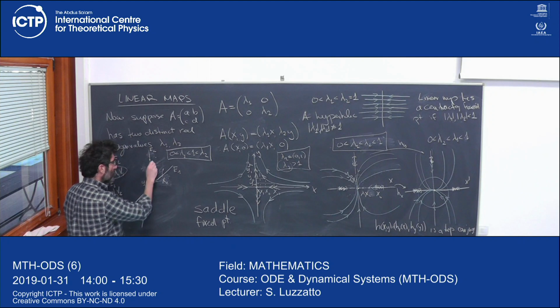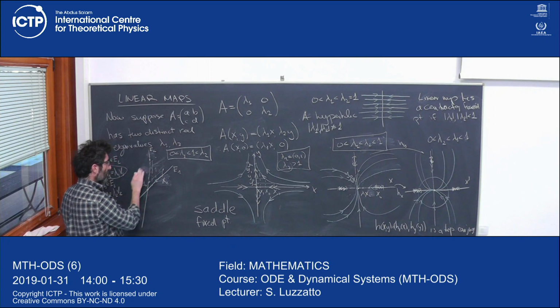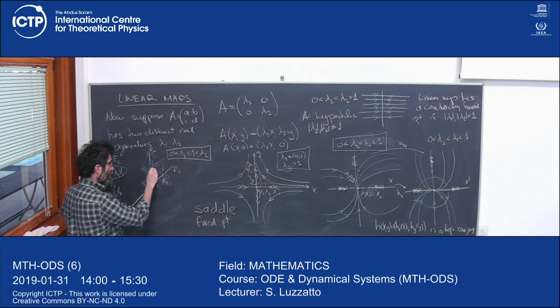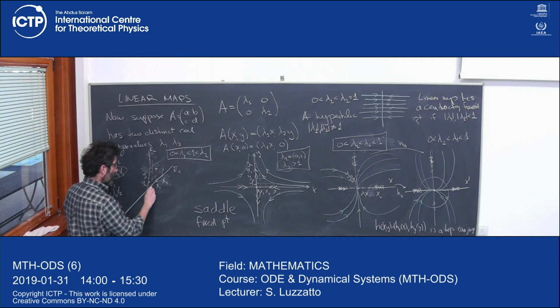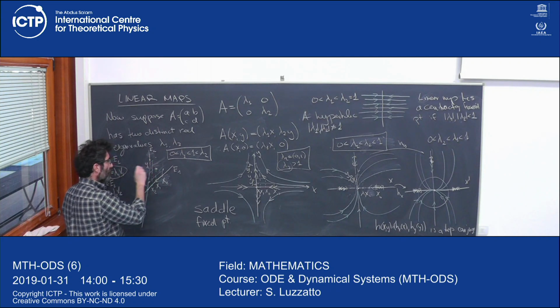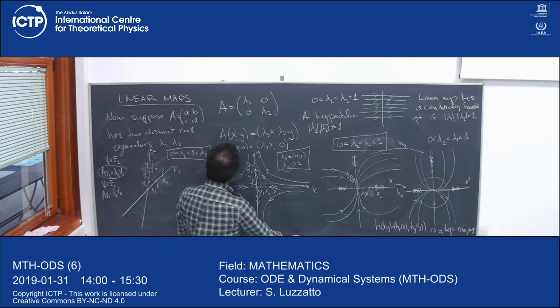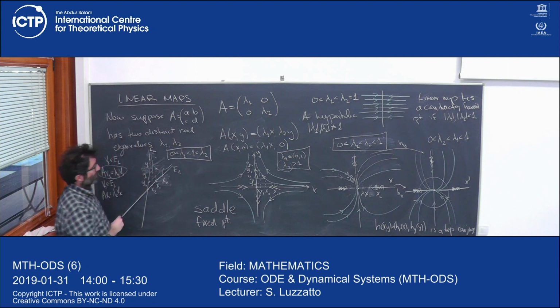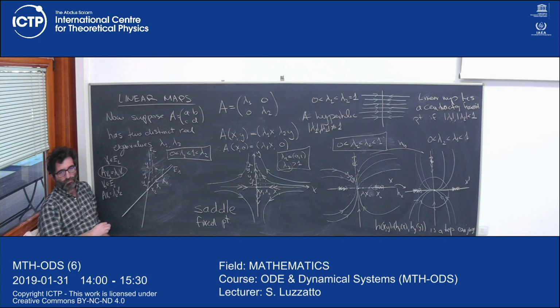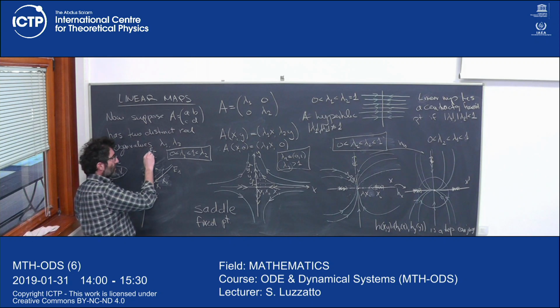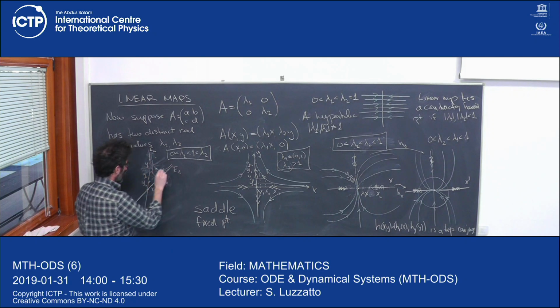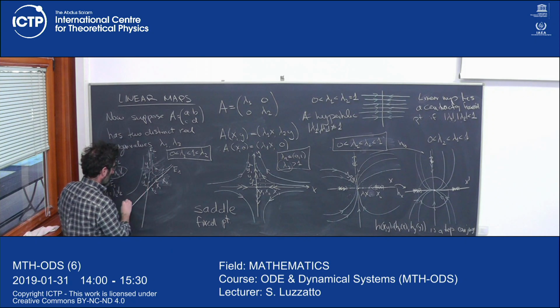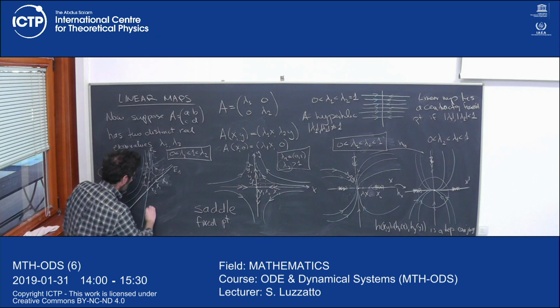Then this is x1, y1, x2, y2, and again they lie on some curve like this. So you get a very similar picture, and you get all these curves like this.